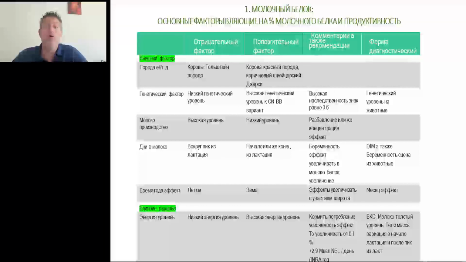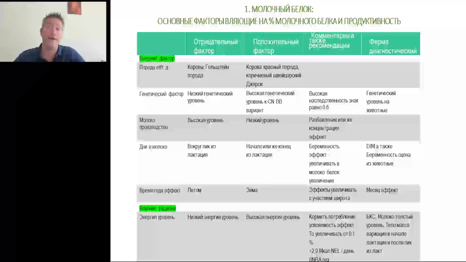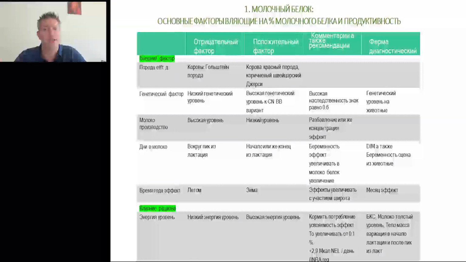Days in milk also affect the milk protein percentage. Around the peak of lactation, I have a low milk protein content compared with the end of lactation, where the percentage of milk protein is higher.